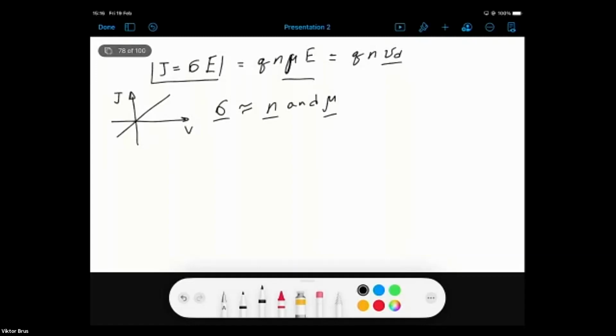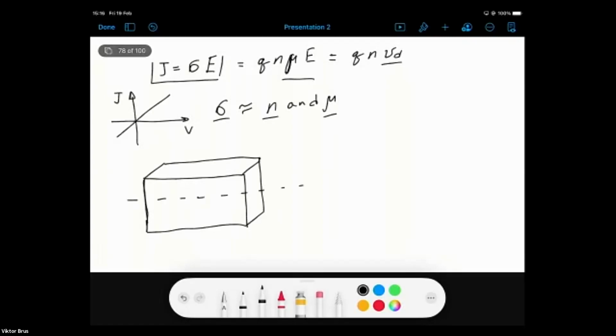So let us consider some piece, a segment, of an electric conductor, which is placed in a uniform magnetic field. Let us show some system of coordinates.